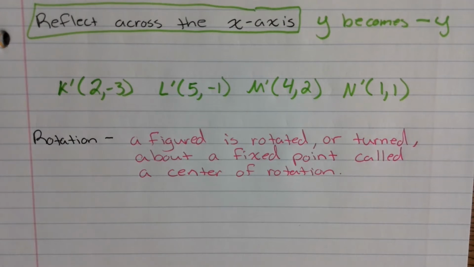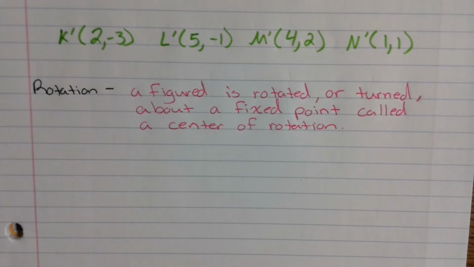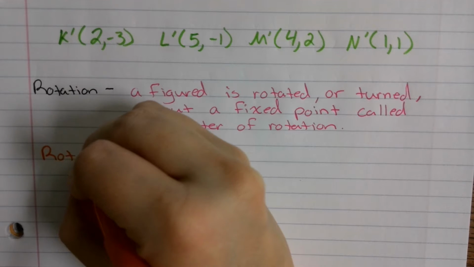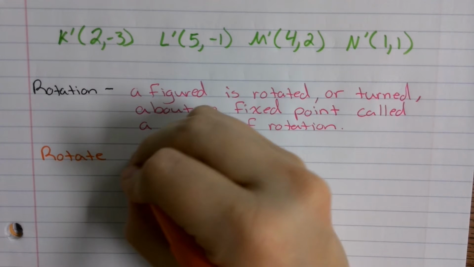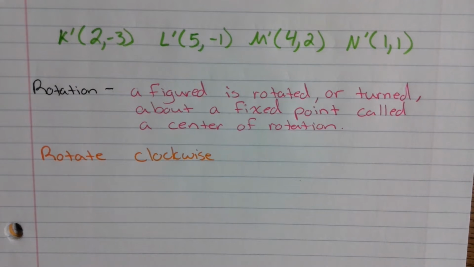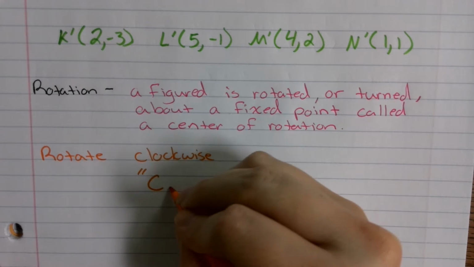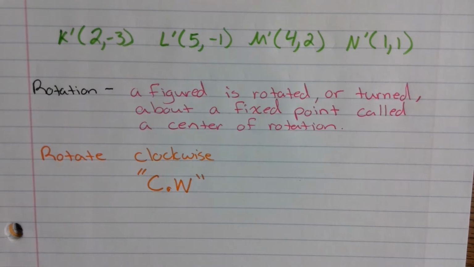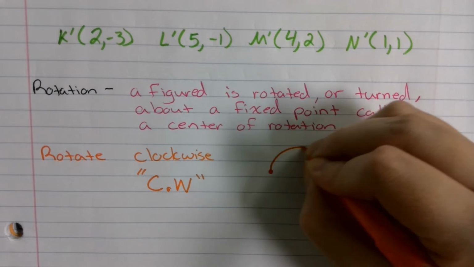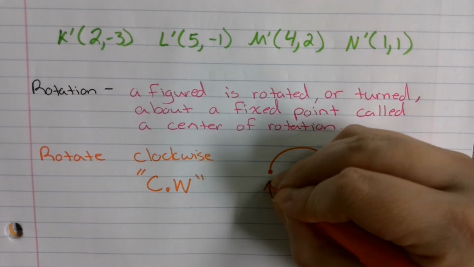Now, directions of rotations. It's not called rotating it left or rotating right or rotate up or down. It's clockwise and counterclockwise. So if you forget what those directions look like, for all intents and purposes, I'm going to call clockwise CW from now on. So if I'm rotating it clockwise, it looks like the following.